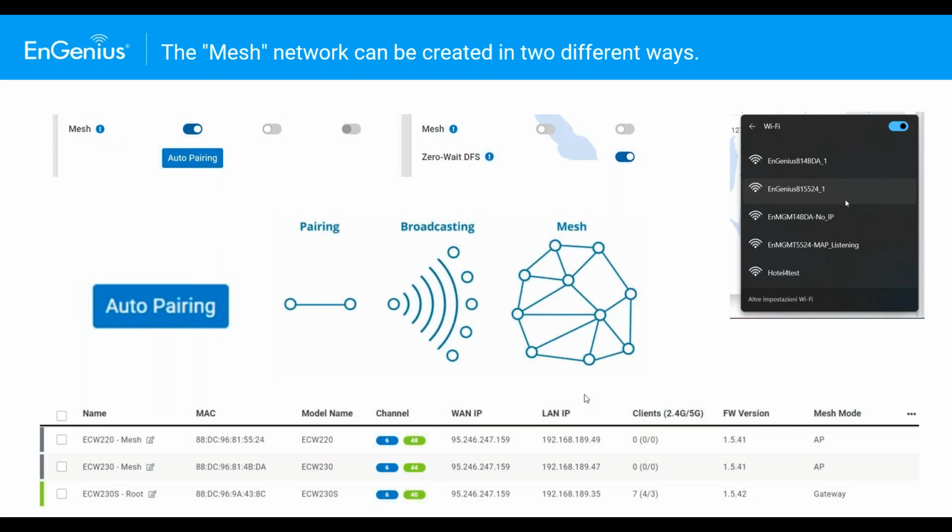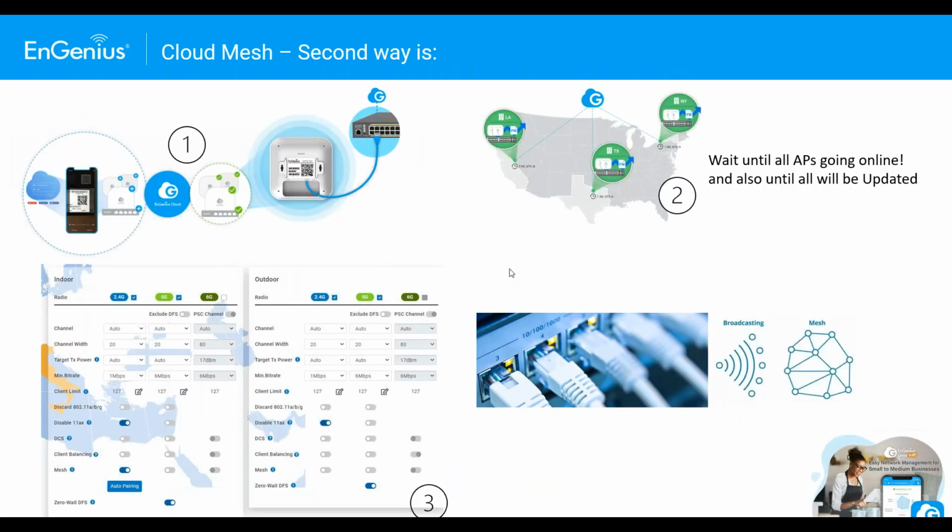The second option, and I think it's a much better option, the best way to create the mesh, is this: you connect all access points by cable, and turn on the mesh on 2.4 gigahertz.